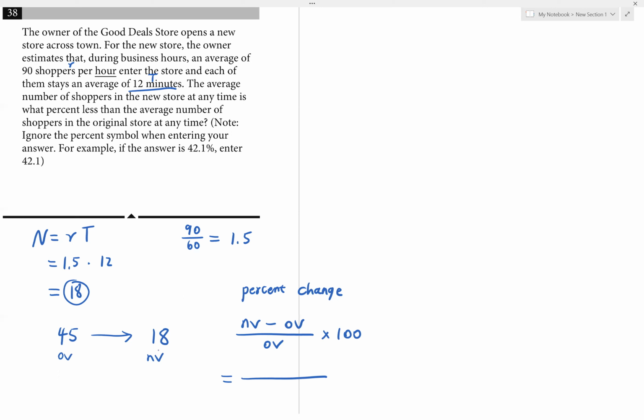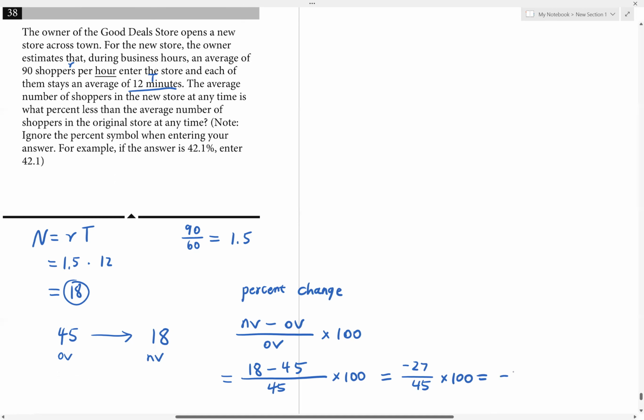Plug it into the formula: 18 minus 45, divided by, always divide by the original value, the number that we begin with, in this case 45, and then that times 100. 18 minus 45 is negative 27 over 45. 27 over 45 times 100 should be 60, and this is a negative 60. Negative means we have a percent decrease, so it's 60% pretty much.